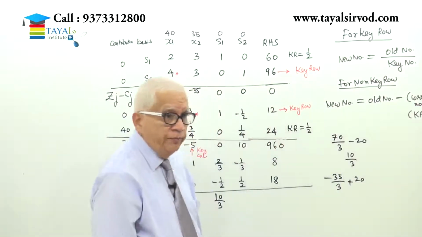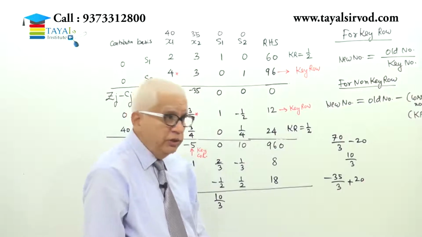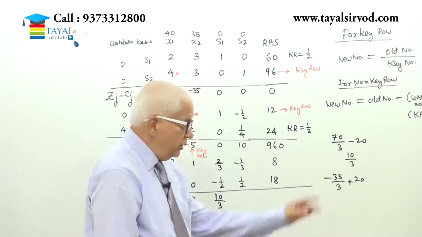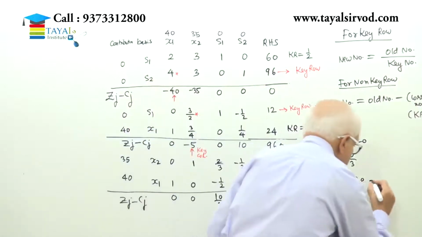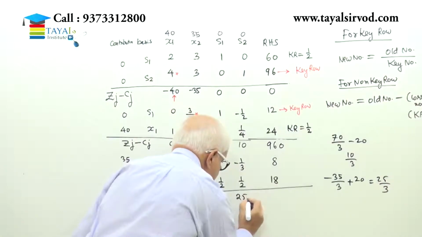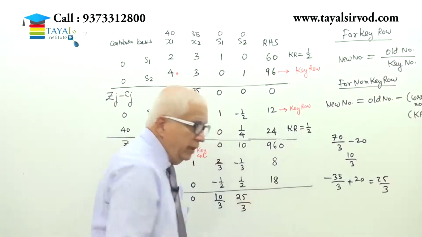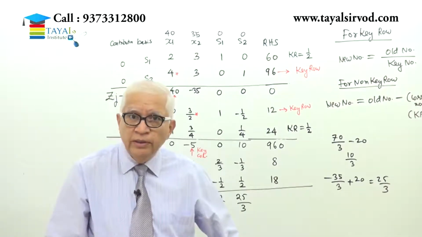What is this value? I must multiply 20 by 3 to make common denominator as 3. So 20 into 3 is 60. So it is 60 minus 35 upon 3. That is 25 upon 3. 25 upon 3. Important point again, this is a positive number.